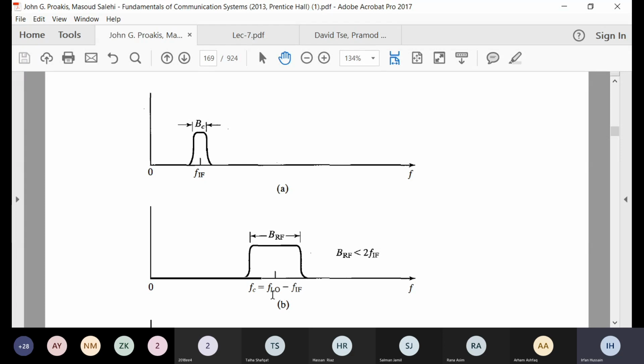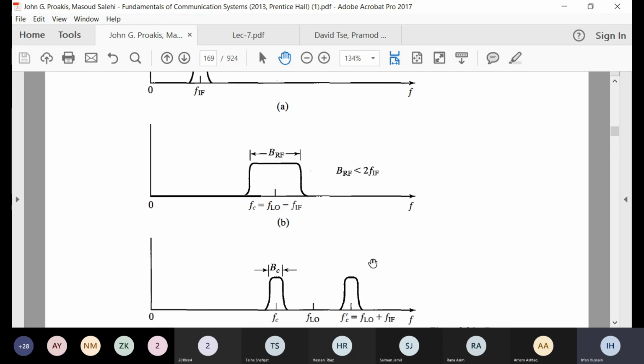So around the FC frequency, you also have a bandwidth of BRF, the bandwidth of the RF amplifier, which is around FC, but is less than FIF. So the image frequency is formed as FLO plus FIF, which is a very large frequency, which is FC plus IF. This is FC plus 2IF.